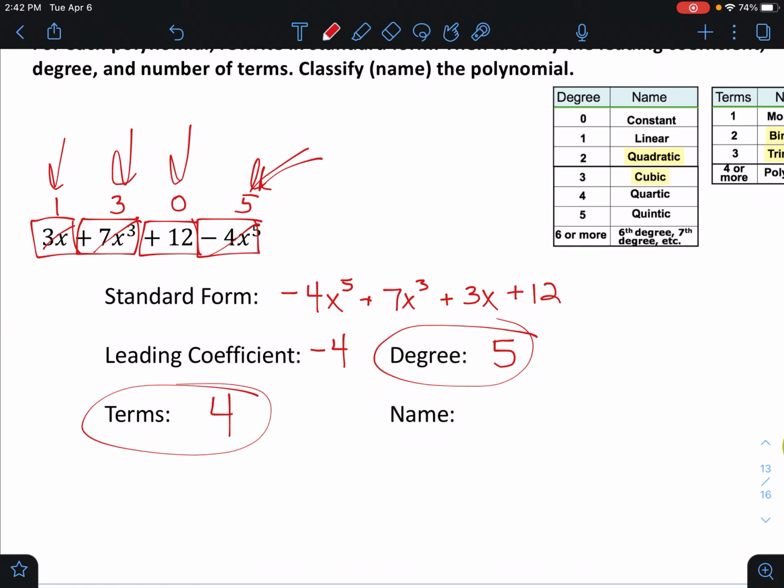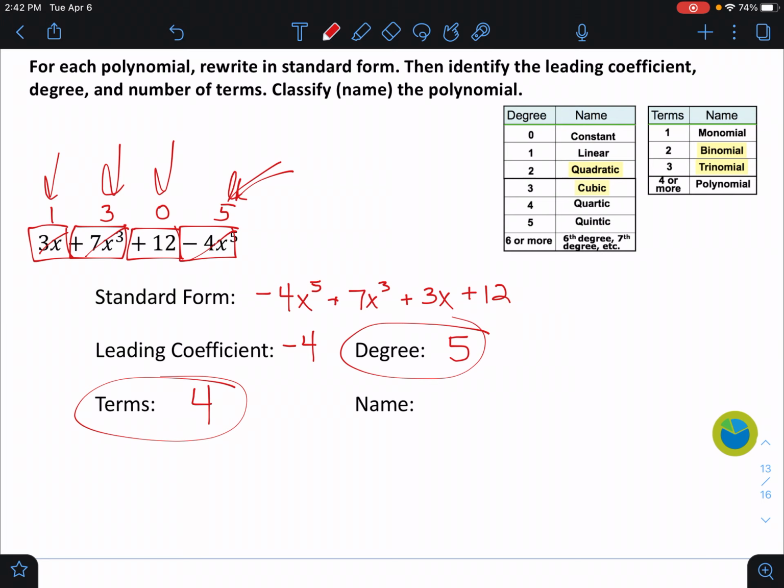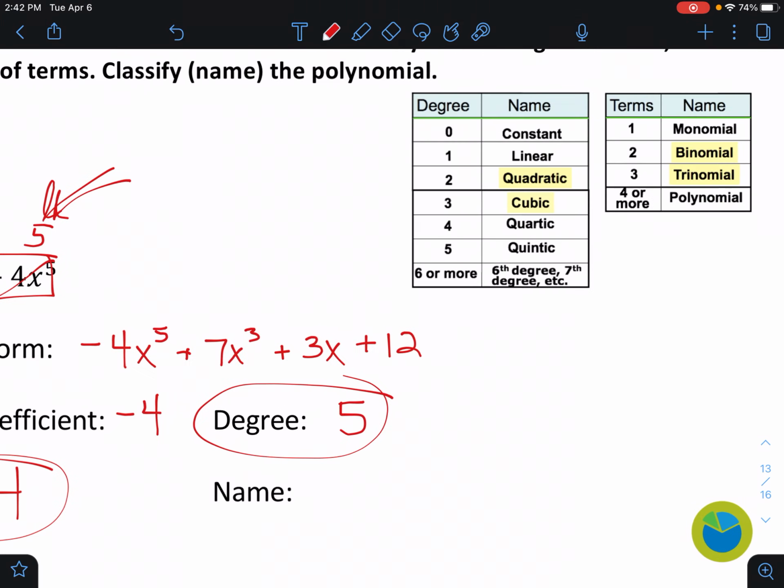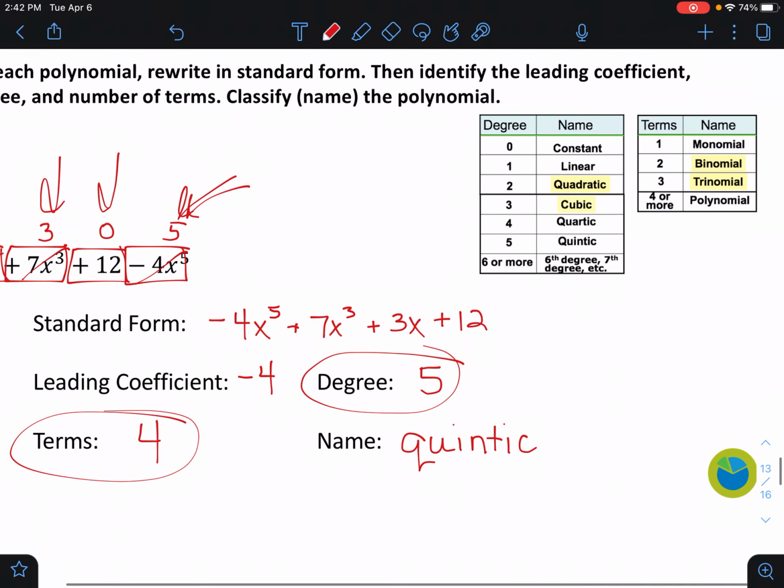Now you are going to use this and this to classify it. So the degree, I'm going to use that chart. I have degree 5. So when I look here at my chart, degree 5 says it's quintic. So the first part of the name is going to be quintic. Okay, and now I want to use this second chart here. I need to say how many terms is it?